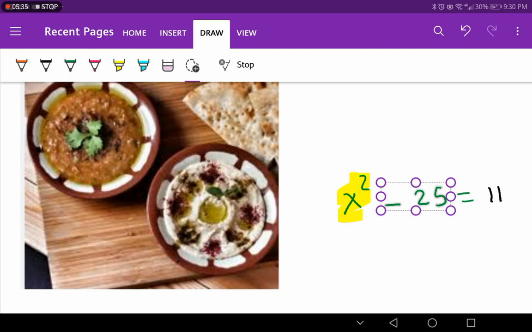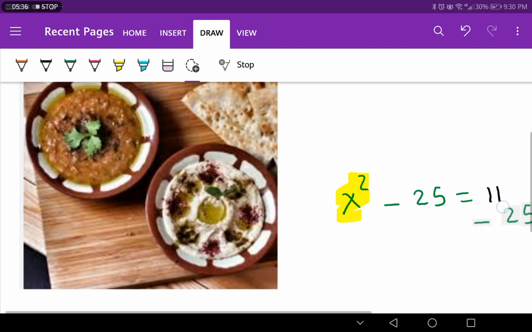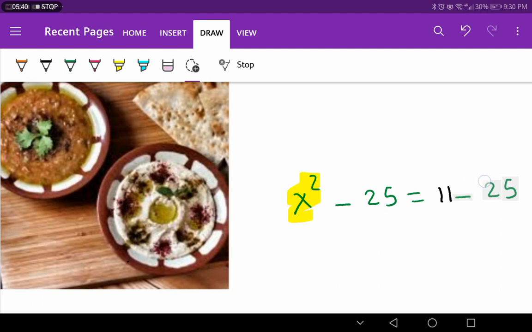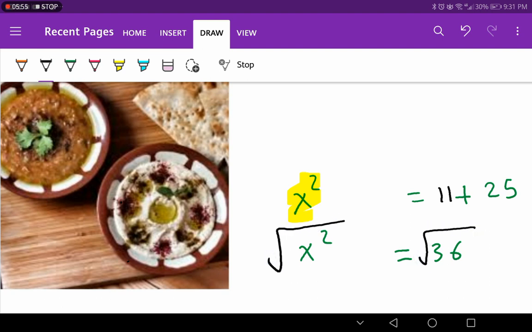You can solve it in many ways, but one way is to move this over here and make it positive, and x squared equals 36. Take the radical of both sides, x comes alone, and this gives me plus minus 6.